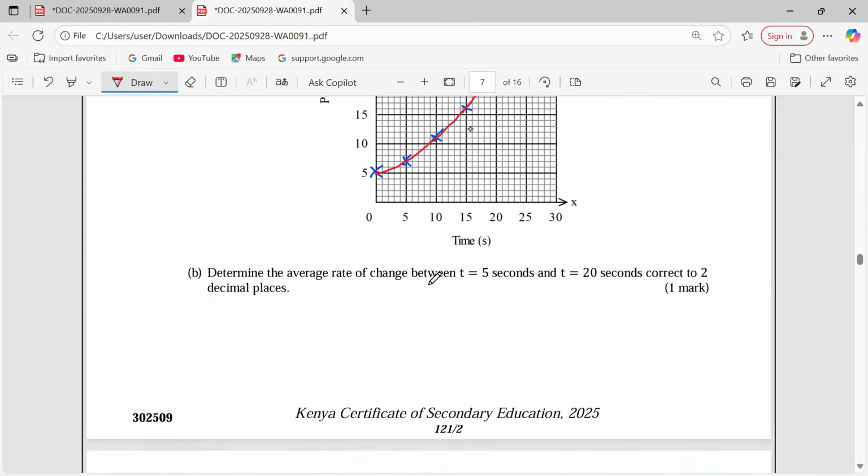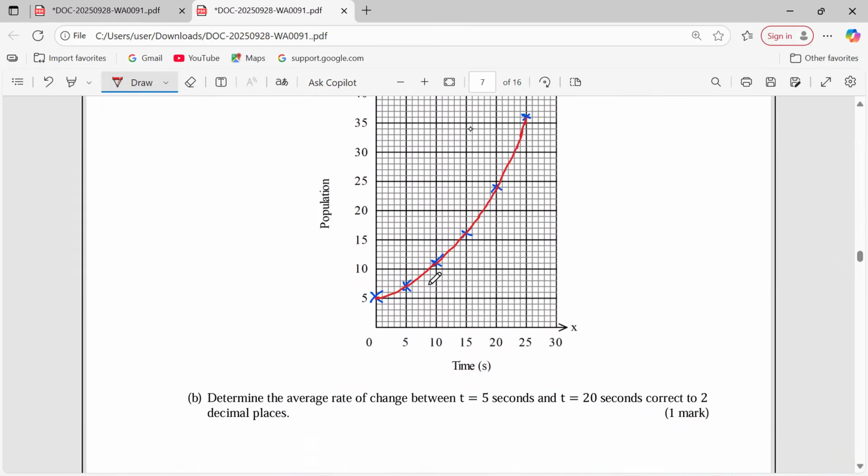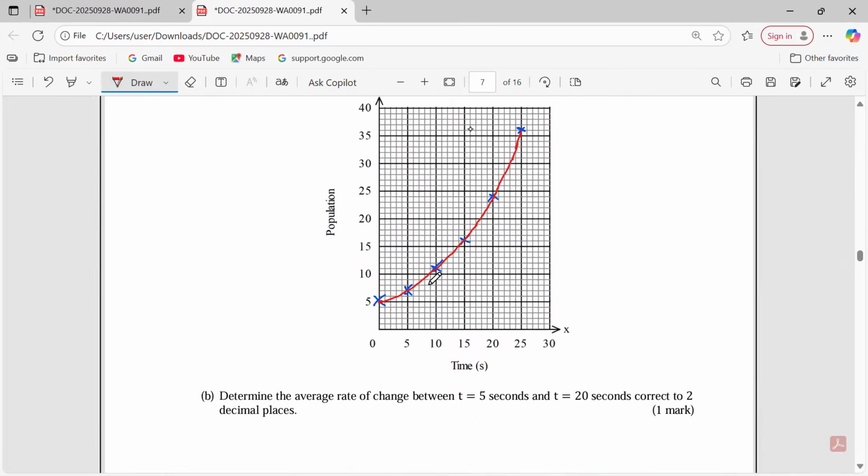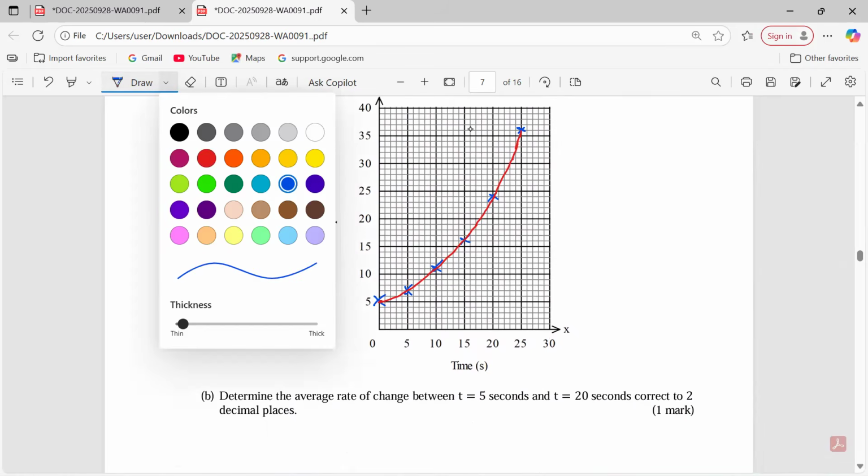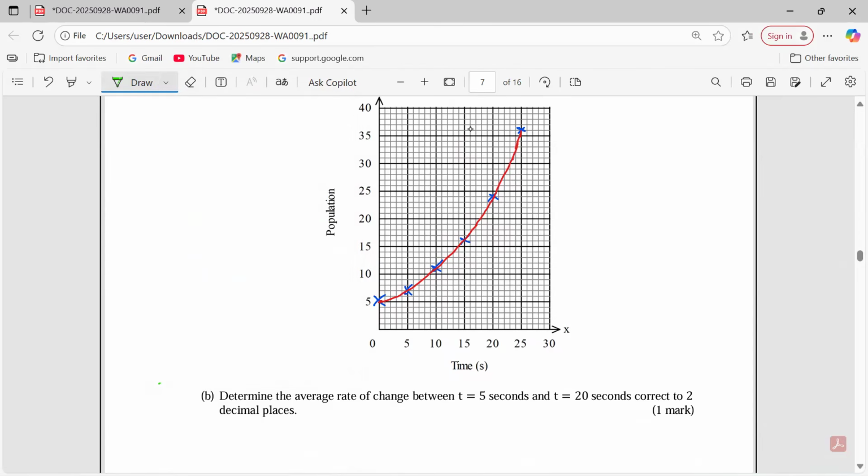Part B, determine the average rate of change between t equals to 5 and t equals to 20. You just need to get the gradient now between those 2 points. You join them using a straight line, then you obtain a gradient.